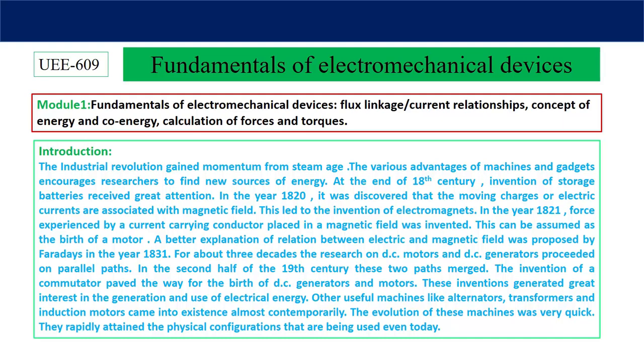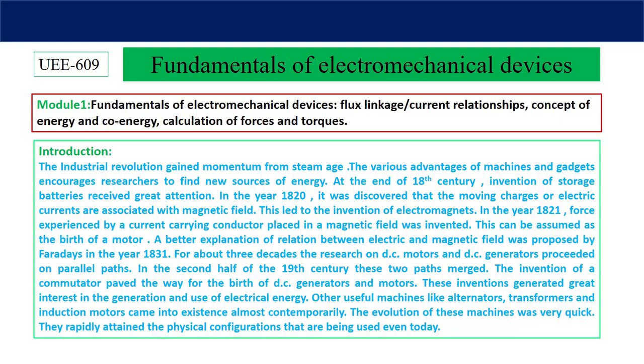At the end of the 18th century, the invention of storage batteries received great attention. In 1820, it was discovered that electrical currents are associated with a magnetic field. So this can be assumed as the invention of the electromagnet. That means by applying electrical current, a magnetic field can be developed.